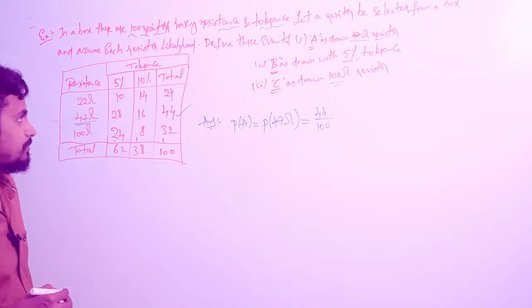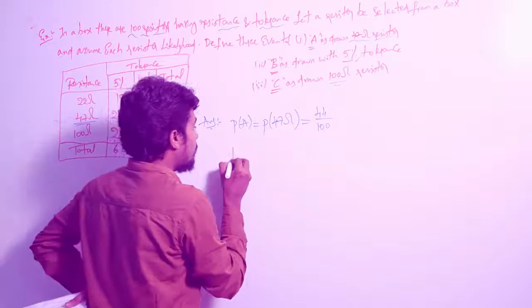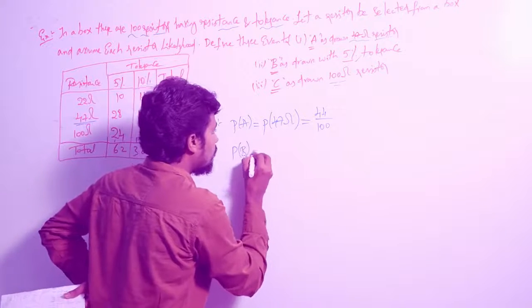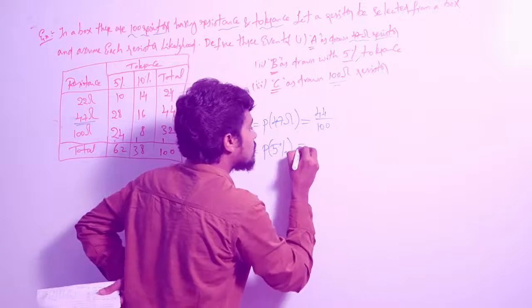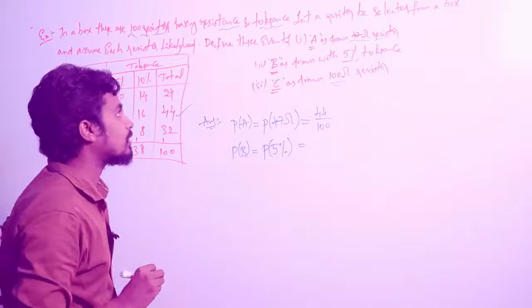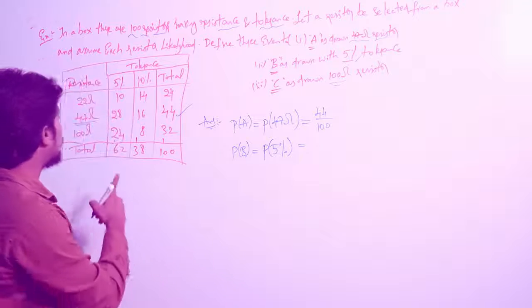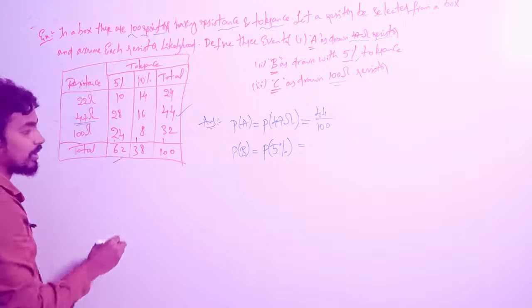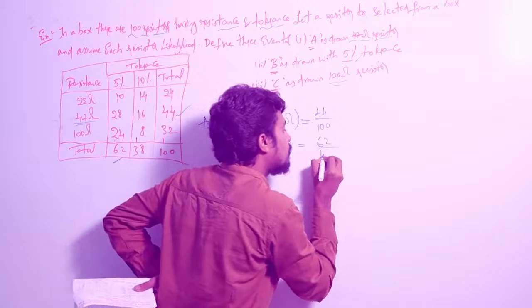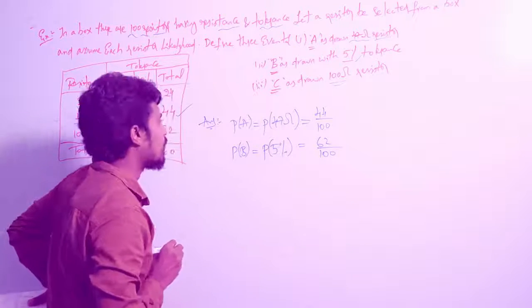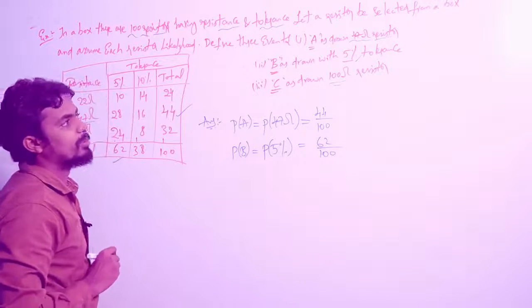And here next, if you take the P of B, that will be equal to P of 5% tolerance. What will happen to the 5% tolerance? The 5% tolerance means you will get the total as 62. That will be equal to 62 divided by 100. And next, what will happen to the P of C?